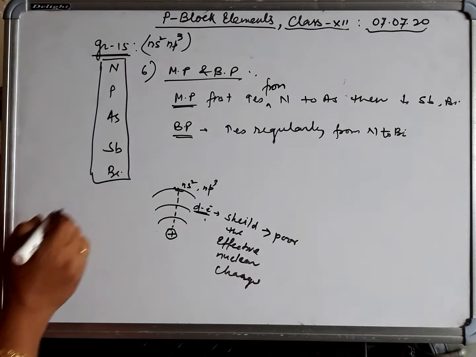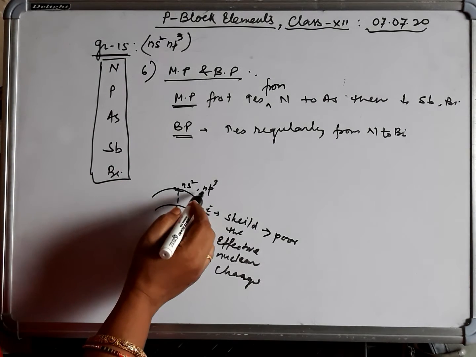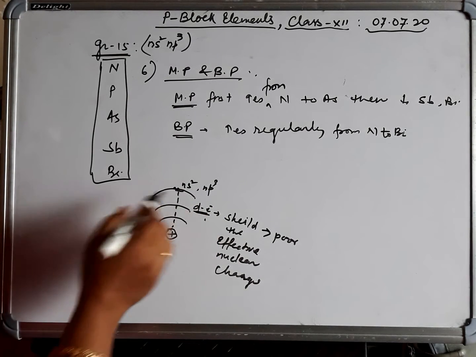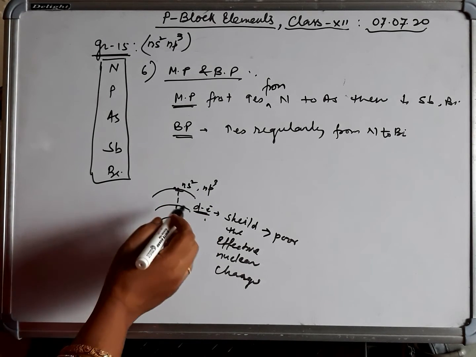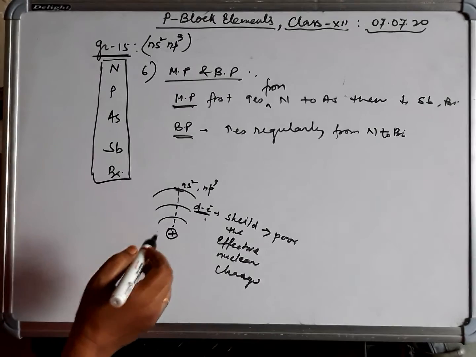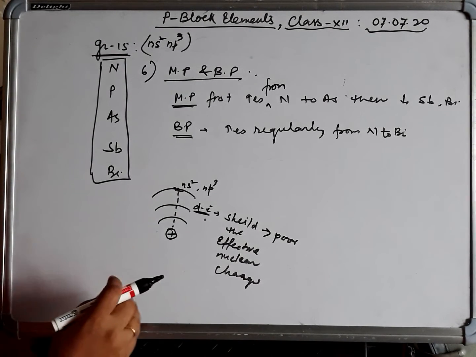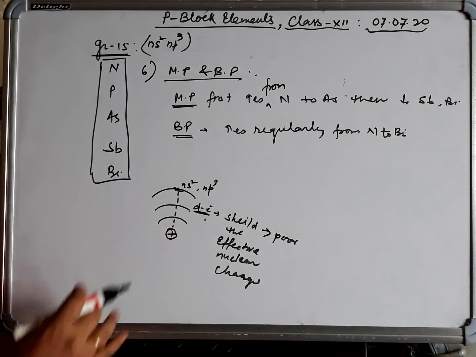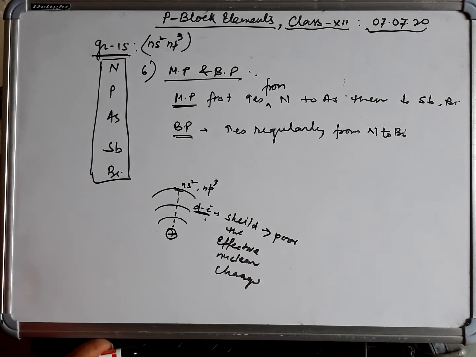Due to the inert pair effect, antimony and bismuth may form trivalent compounds instead of pentavalent compounds, because the attraction among their atoms is lowered, lowering the melting point.